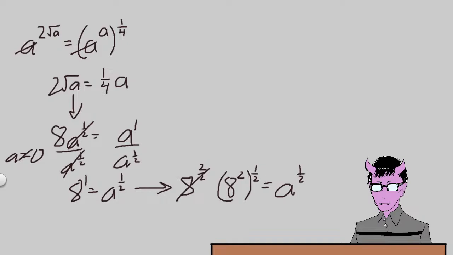And then now that we have successfully matched the exponents, can we conclude that the bases are the same thing? Yes, because this is a positive number. We have to say this is also a positive number, so it has to be 64. So we are done with that, but again, we lost something along the way. We have to acknowledge that a is not equal to 0, because that's how you can cancel this safely.